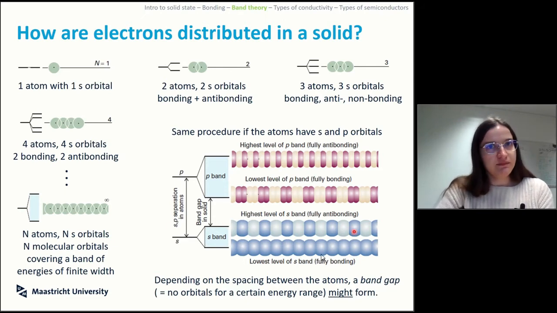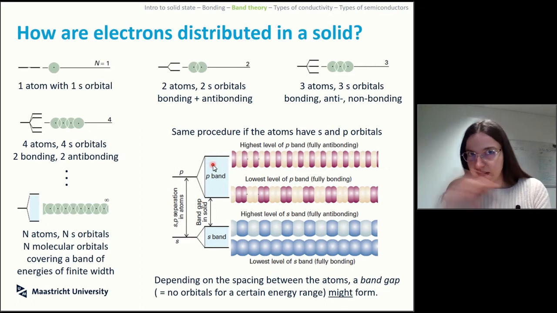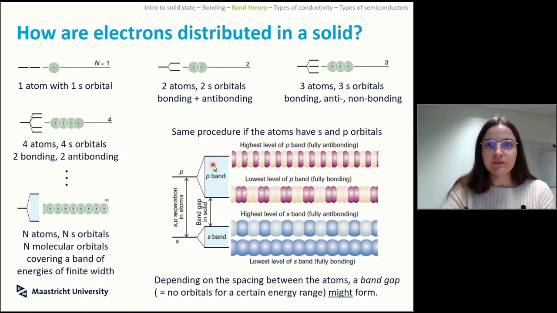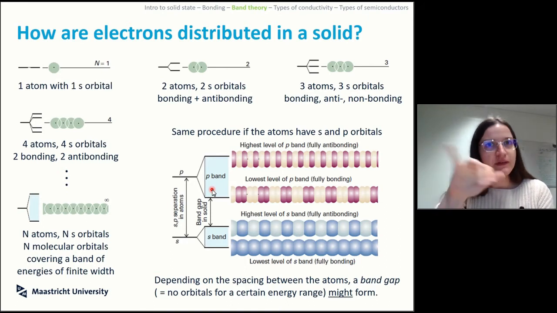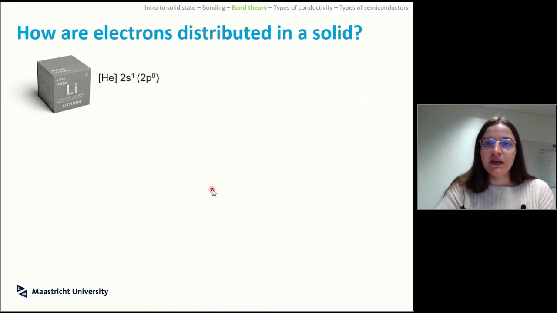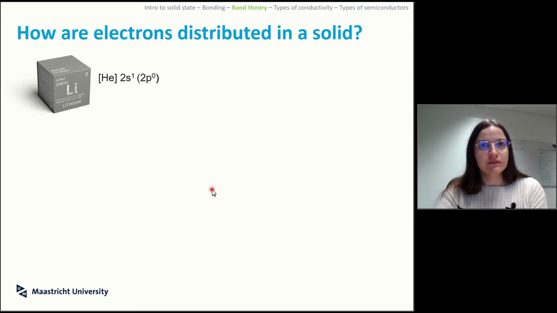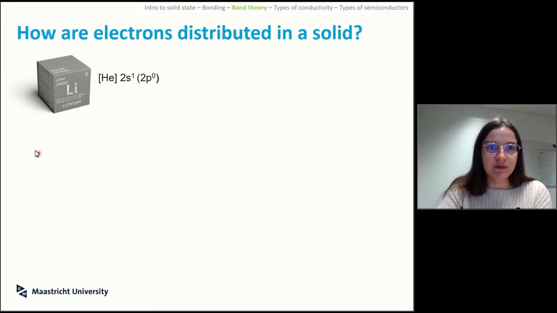Now this is still maybe a bit theoretical, but this is the idea. You end up with a series of possible energy spreads that you can occupy. If we try to put it a bit more in a specific example, imagine the electronic structure of an atom like lithium.